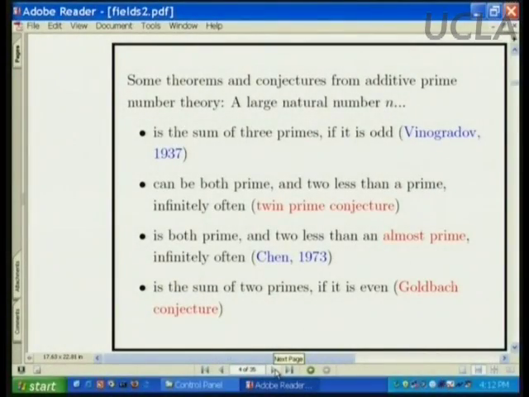What is almost prime? I'll come to that. So the twin prime conjecture we can't prove, but we can do some things. The closest result we have on the twin prime conjecture is a result of Chen in 73, that while we don't know that there are infinitely many primes that are next to a prime, we do know that there are infinitely many primes that are next to what's called an almost prime, which is either a prime or a product of 2 primes.